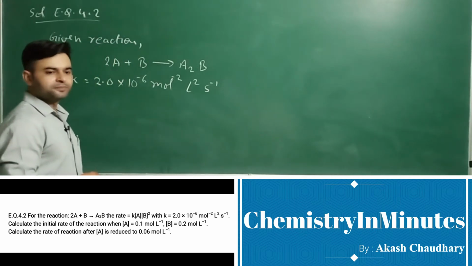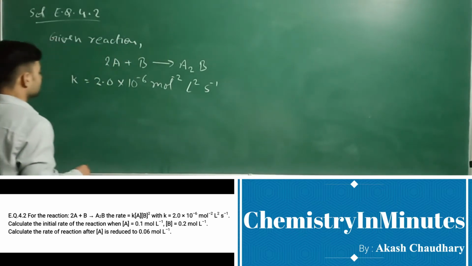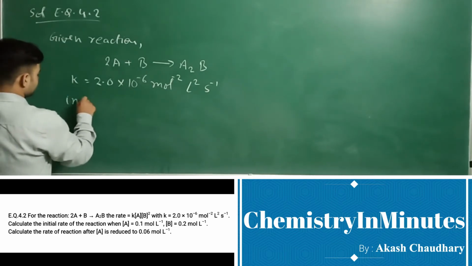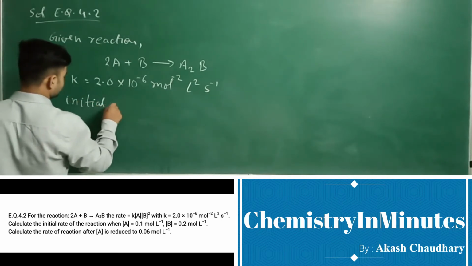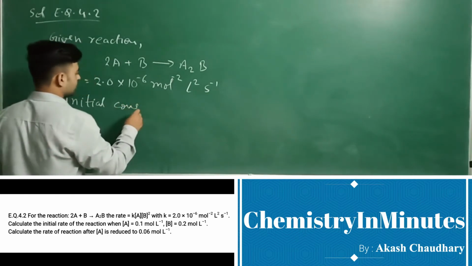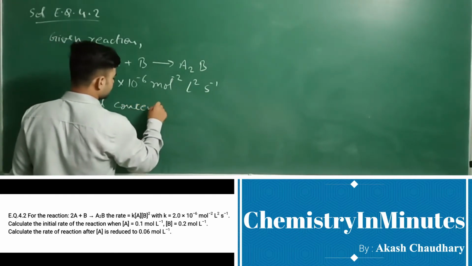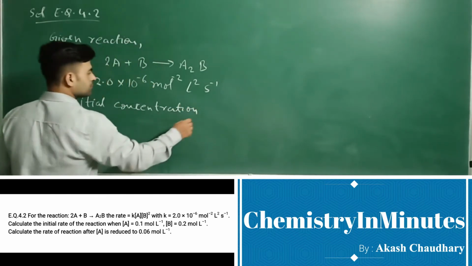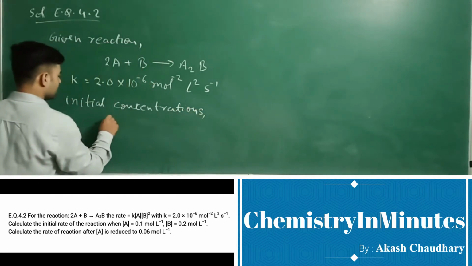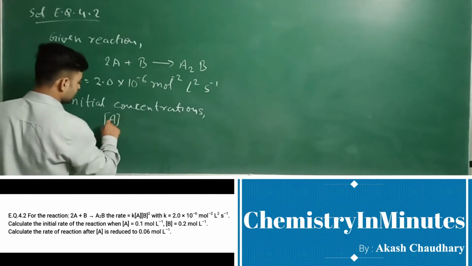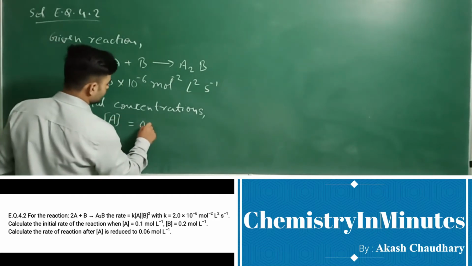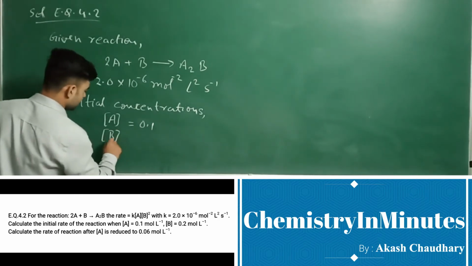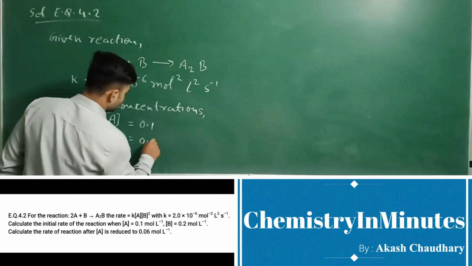So initial concentrations: concentration of A is equal to 0.1 and concentration of B is equal to 0.2.